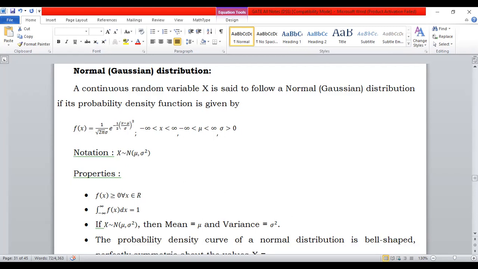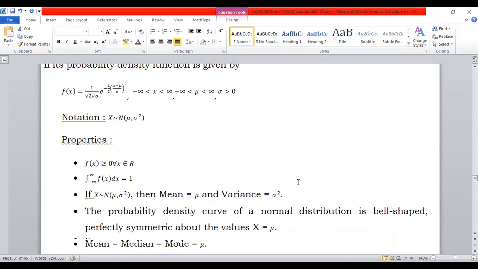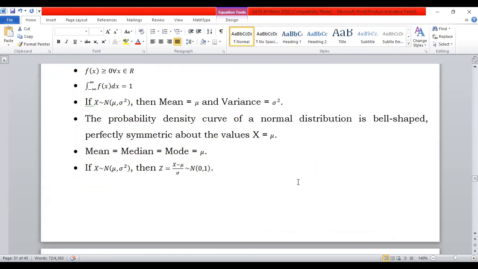Notation: x follows normal distribution with parameters mu and sigma square. As it is a probability density function, f of x is greater than or equal to 0 for every real value of x, and the integration from minus infinity to plus infinity of f of x dx is equal to 1. We can prove this.